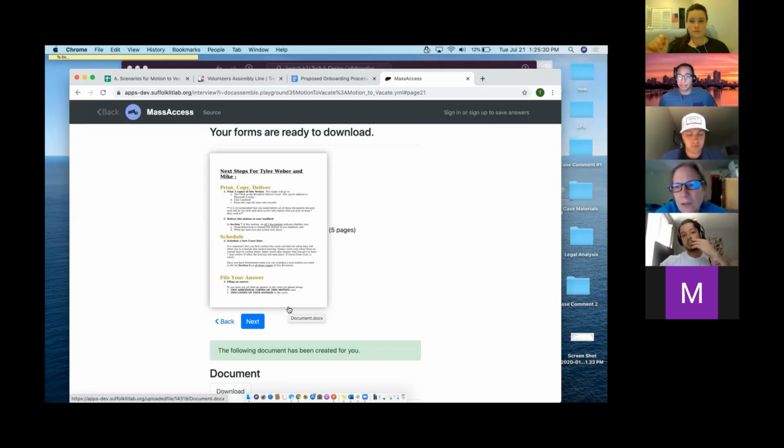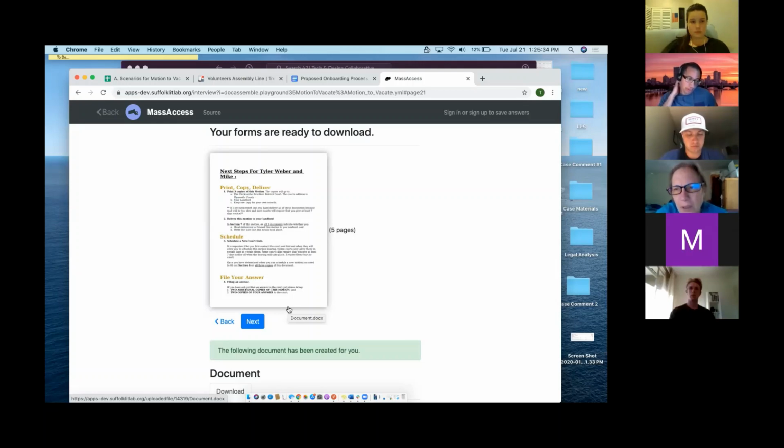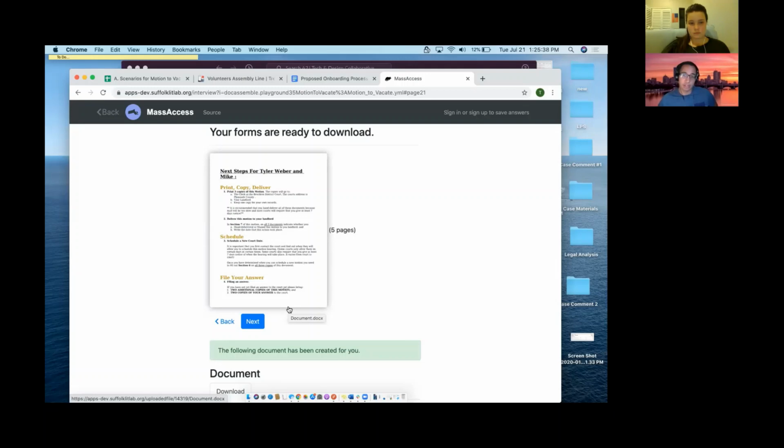Okay. I think we're probably at a higher level. We need to decide across the board how we're going to do this, because the user's going to download something with their own cover sheet. If they can send through Mass Access to the court, they're going to have a cover sheet for the court.